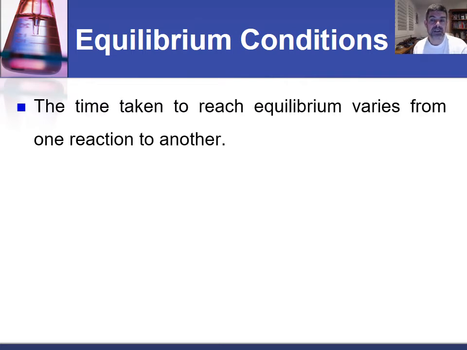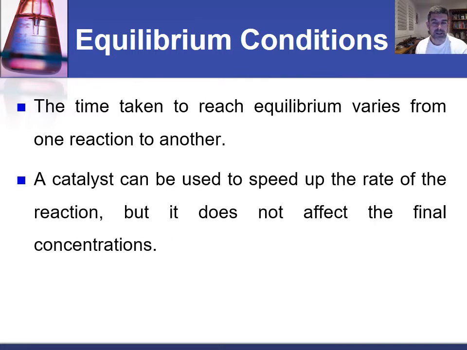So what are some of the important conditions? Well, the first thing is that the time that it takes for different species to reach equilibrium varies from one reaction to another. We can use a catalyst to speed up the rate of the reaction, but it does not affect the final concentrations. It's not going to change the position of equilibrium.